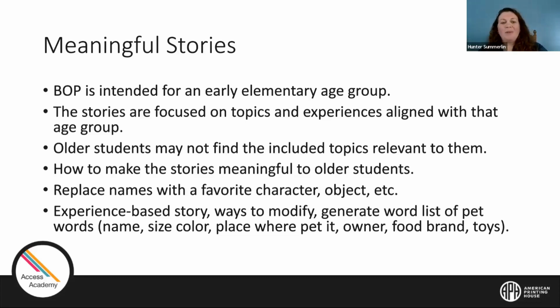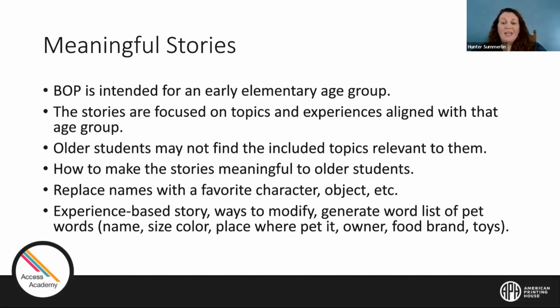So Bob allows us to have an opportunity to make the stories meaningful to older students. And I want to encourage you to replace the names with a favorite character or object or whatever they're into. Develop an experience-based story.